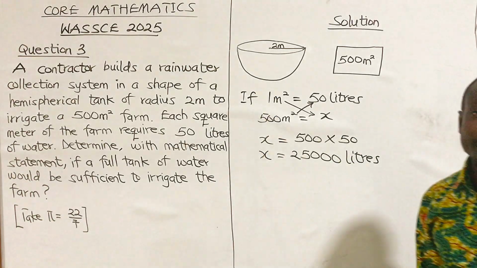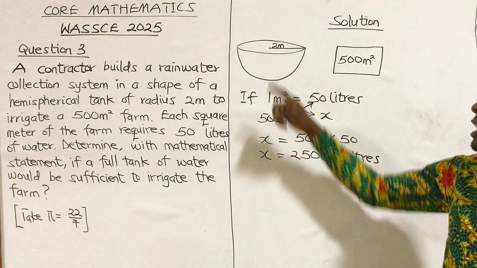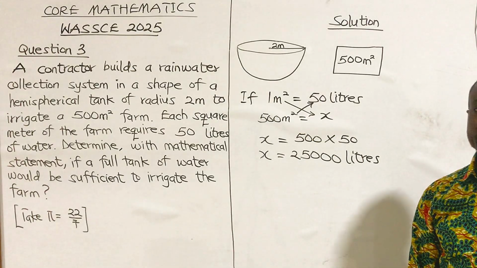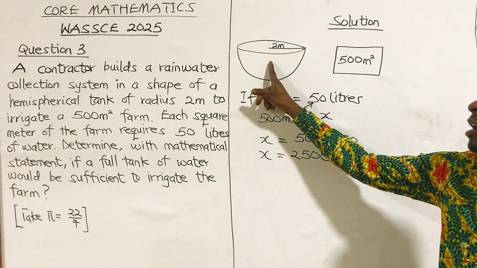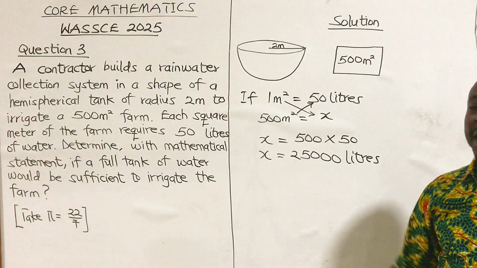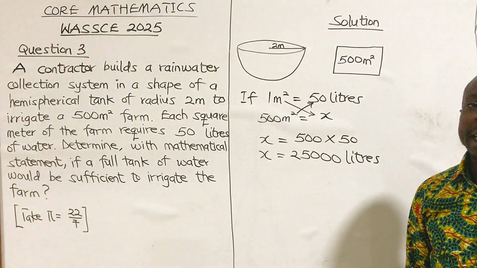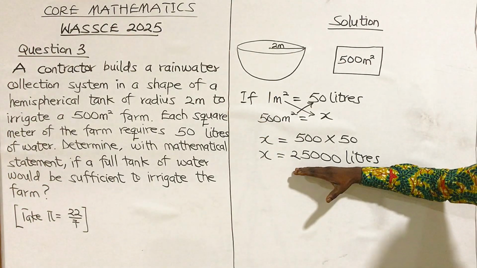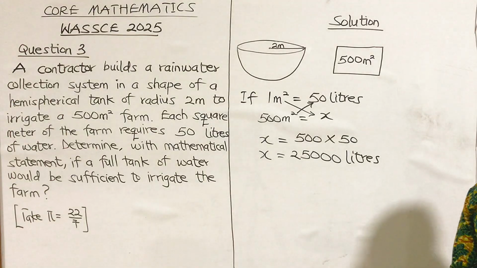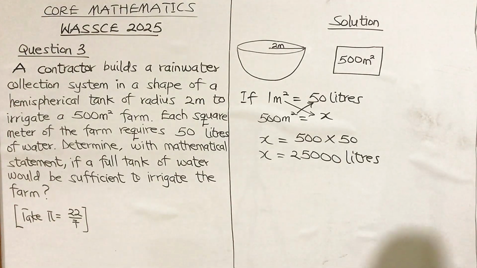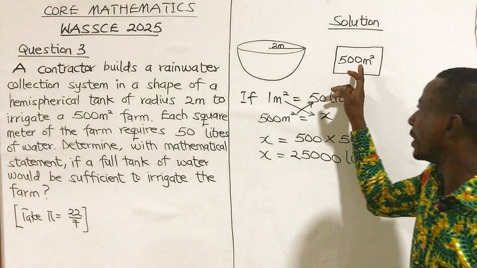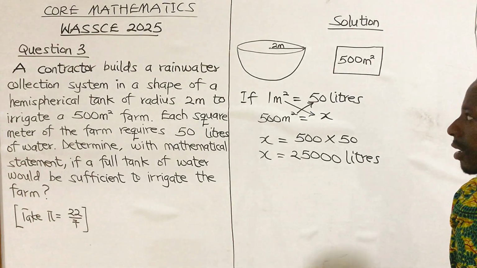So this is half of a sphere. The question gave us 2 meters to be the radius. So from here we are going to calculate the volume of this container and see if we can get the amount of water which will be sufficient to irrigate this farm. All right.